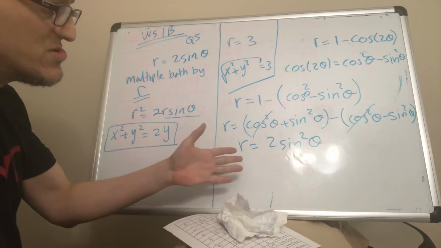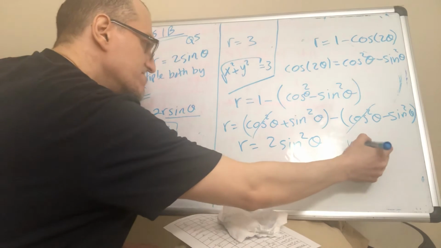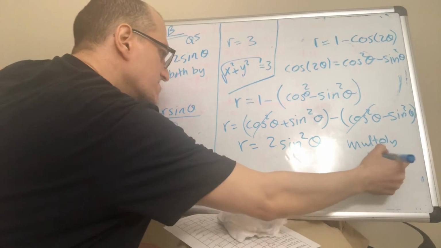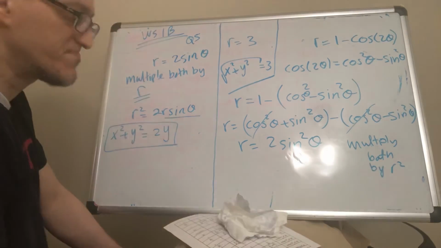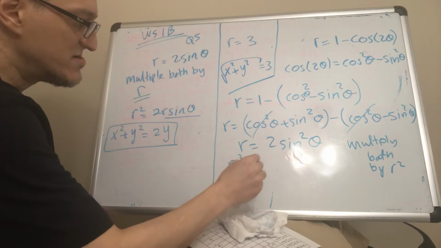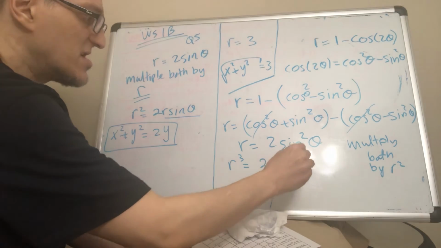Now, what we can do here is multiply both sides by r. So here you'll have r cubed, and here you have 2r squared sine squared.